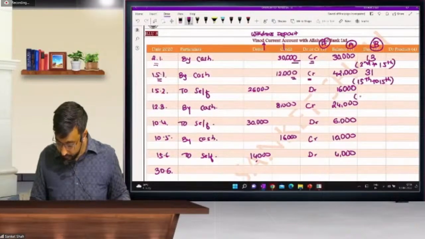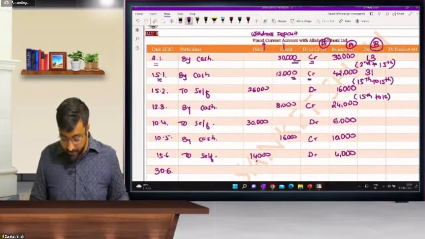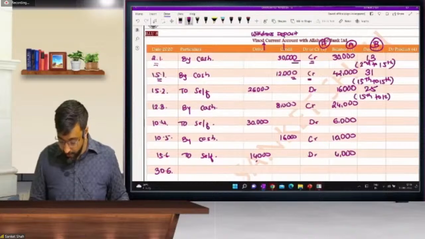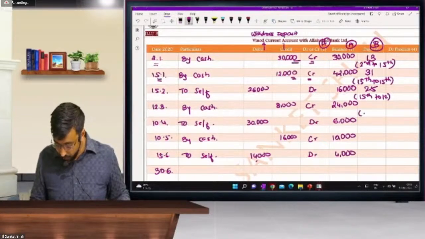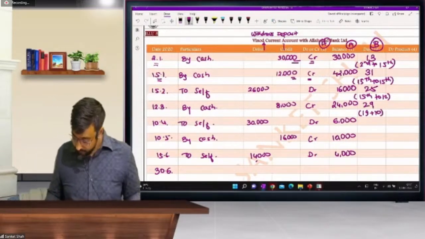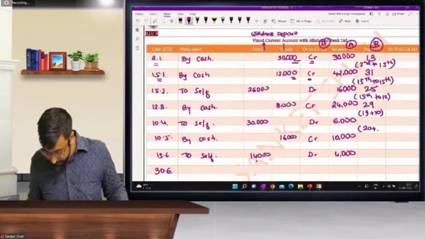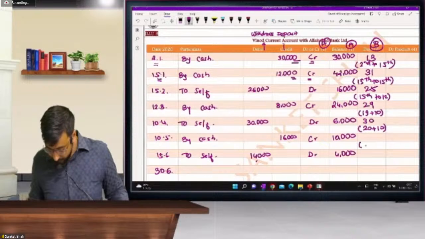Then 15 to 12. 13 plus 12 beta 25. Similarly 12 to 10. तो मार्च के कितने 19 प्लस 10 29. अभी 10 से 10 अप्रैल के 20 मई के 10 30. 21 में 15 36.